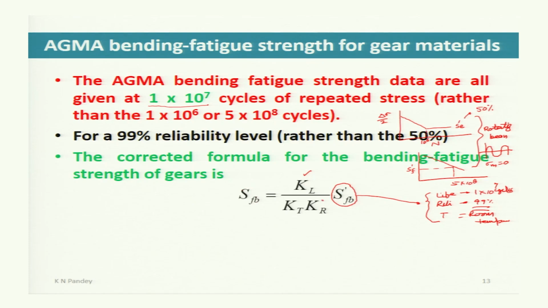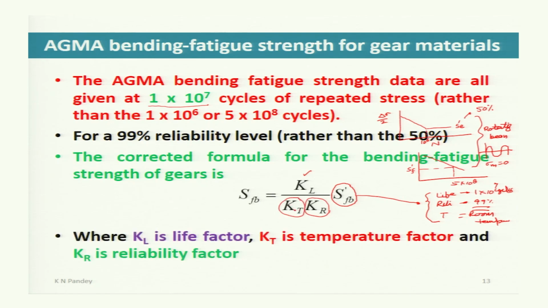Now, if you want a reliability other than 99%, then again you have to use this reliability correction factor KR. If the temperature is different than room temperature, then you have to use this KT, the temperature correction factor. Where KL is the life factor, KT is the temperature factor, and KR is the reliability factor.